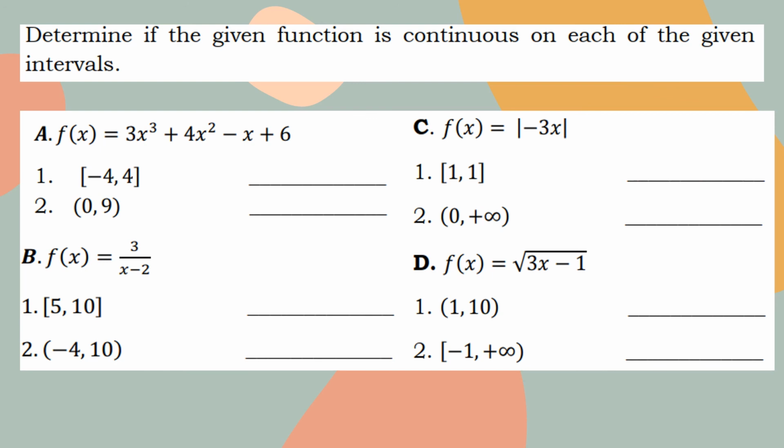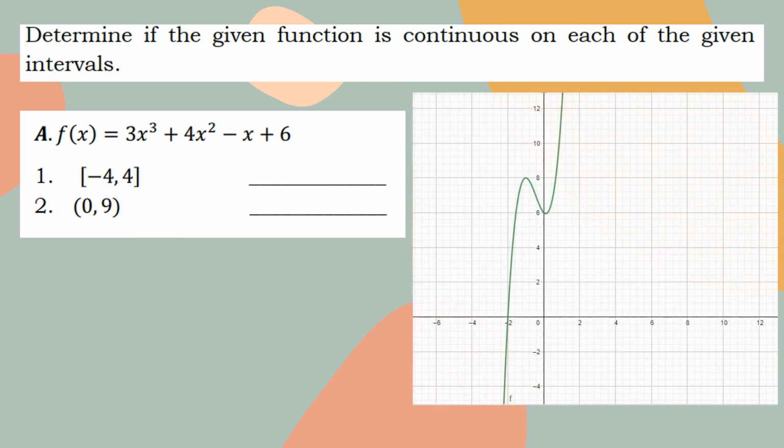Okay, so we have an activity here. Determine if each of the functions is continuous on the given intervals a, b, c, and d. Let's dissect a. For purposes of explanation, I try to graph the function x cubed.